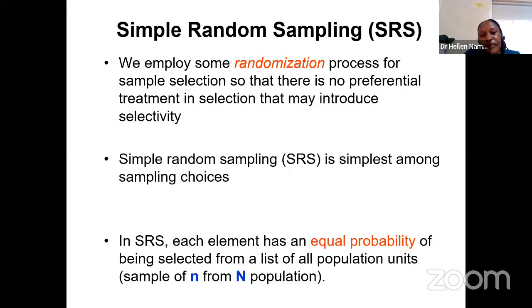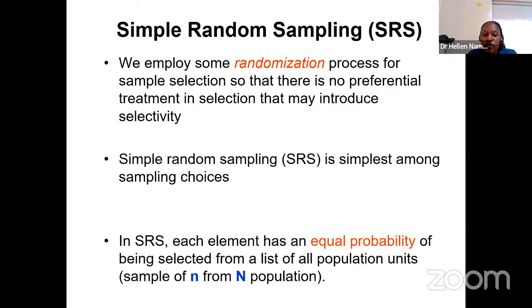In most studies, people employ the SRS, that is, simple random sampling. It is the simplest among the sampling choices, whereby each element has an equal probability of being selected from a list of all population elements.